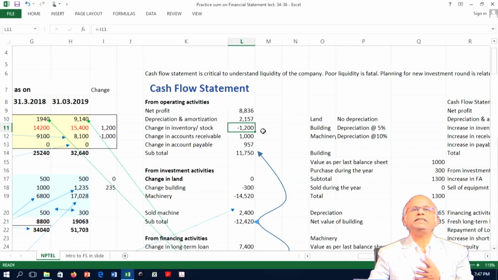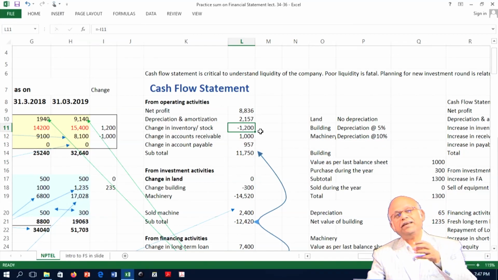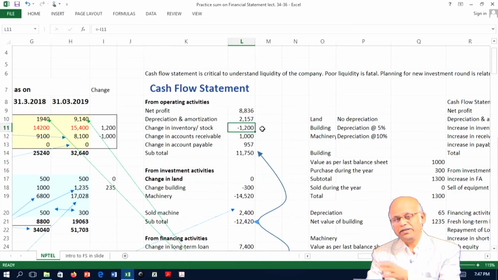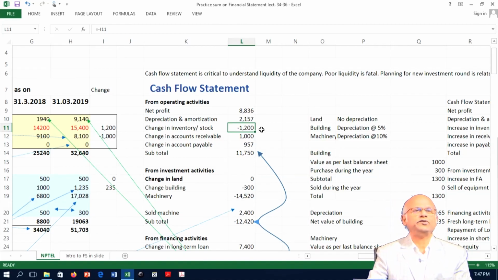So, during the year your inventory has gone up by 5,000. You have procured that inventory by making payment to suppliers. So, 5,000 rupees worth of cash has gone into inventory. So, this is a cash utilization.